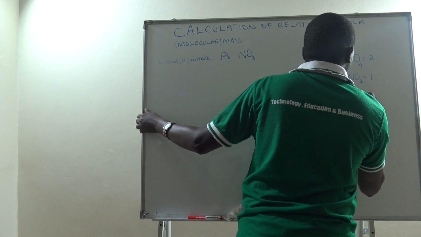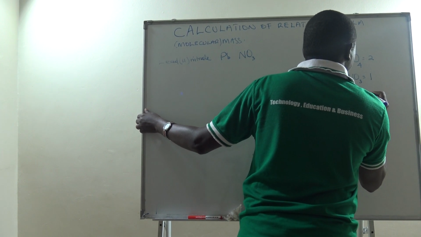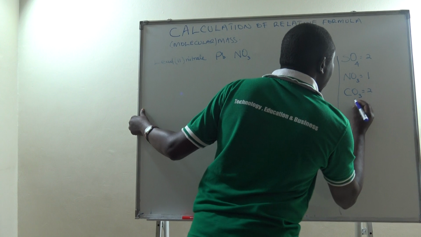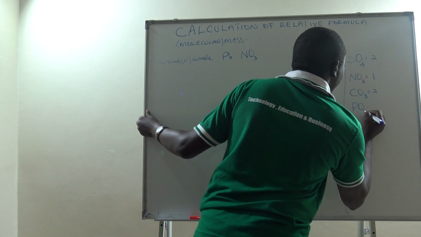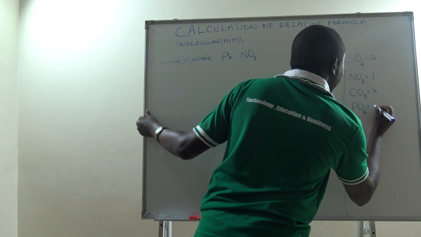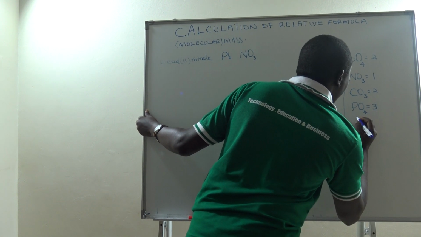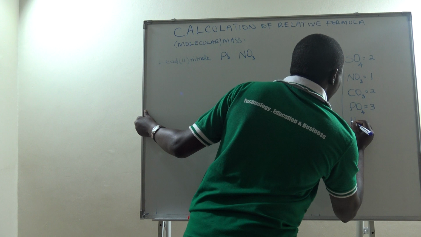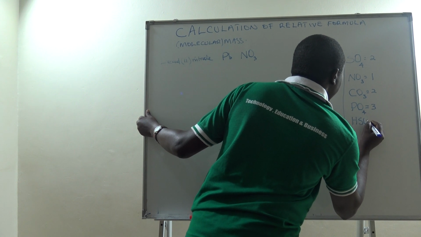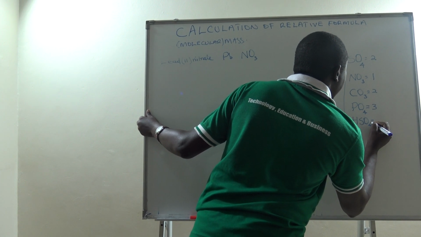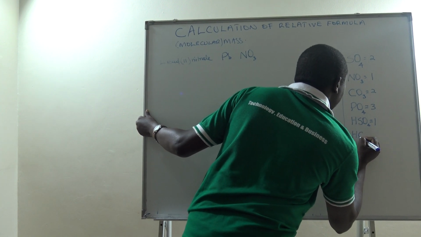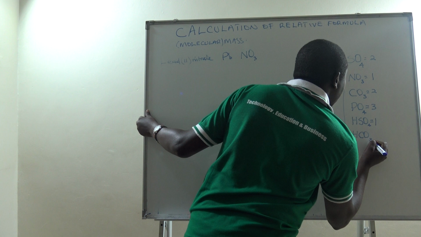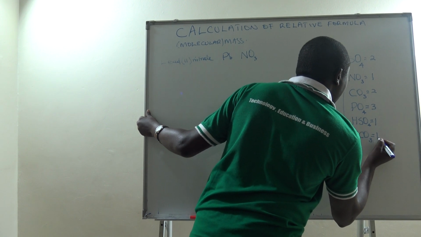Carbonate has a valency of 2. We have phosphate, PO4, whose valency is 3. Hydrogen sulfate has a valency of 1. Hydrogen carbonate also has a valency of 1.